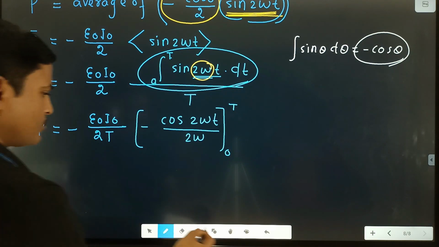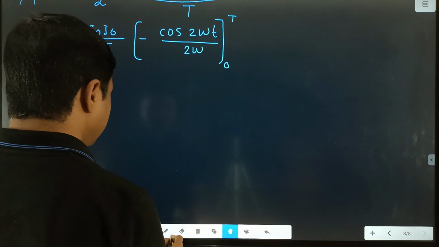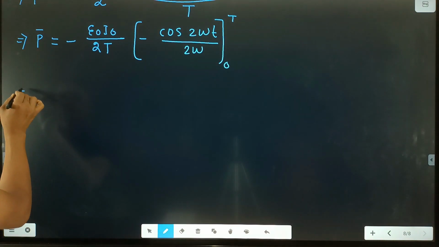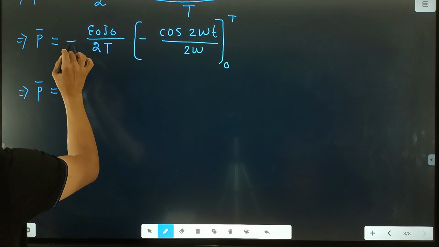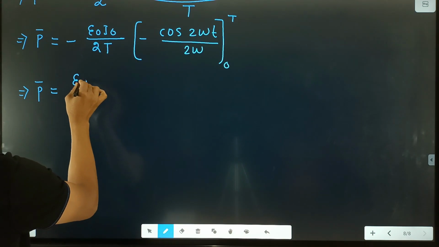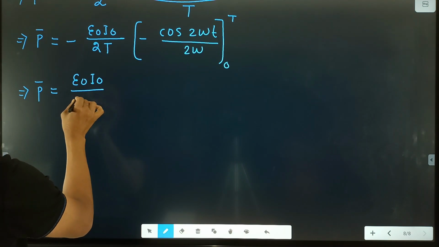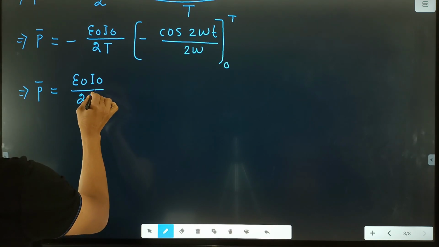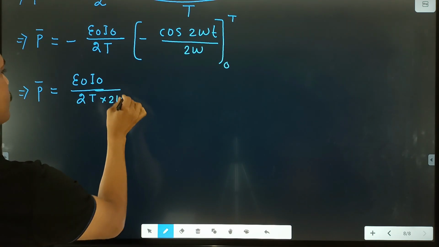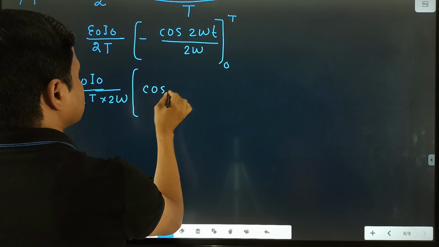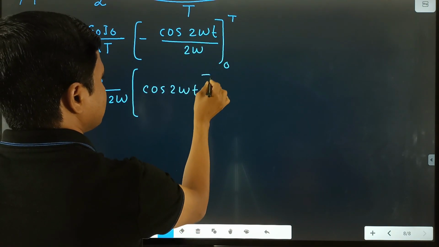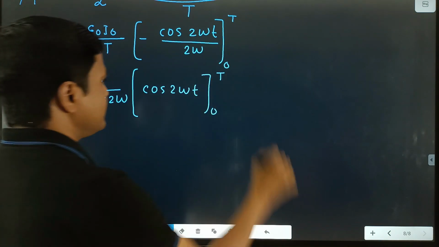Clear? And we take 2 omega out of the integration, and take minus also out, so the final value of average power is equal to minus plus, that is E0 I0 divided by twice t multiplied by again twice omega, cos twice omega t, varying from 0 to t.